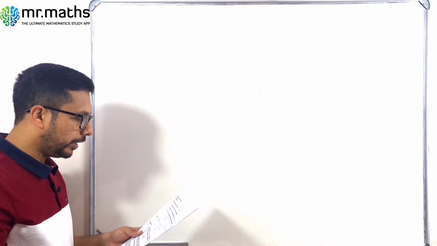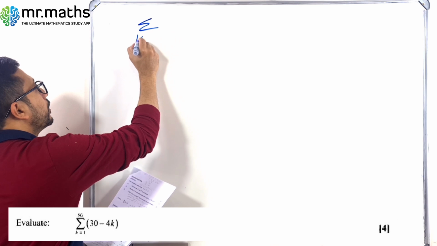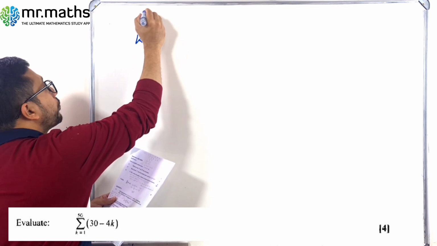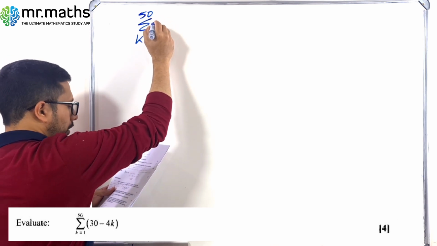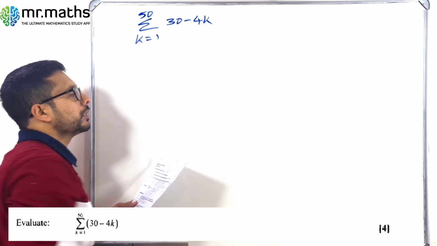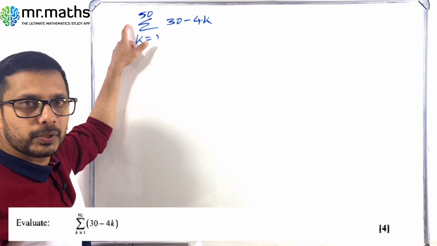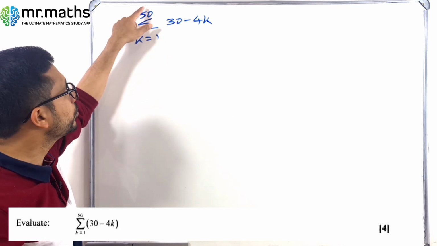Question number 3, evaluate sigma k is equal to 1 to 50 of 30 minus 4k. This is what you want to find. So sigma means sum, k is equal to 1 to 50.